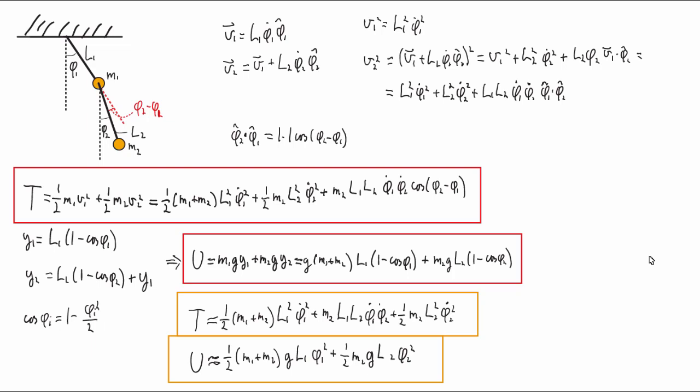There. So now we have both the kinetic and the potential energy in quadratic forms in the phis and the phi dots. So this will then ensure the linearity of the Lagrange equations so we can come up with solutions.